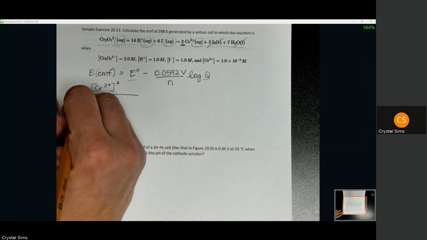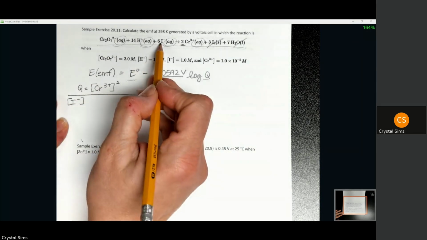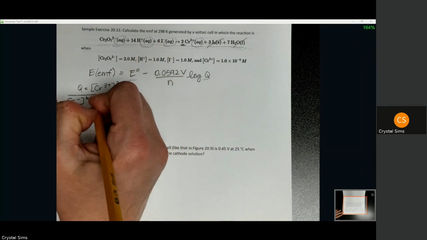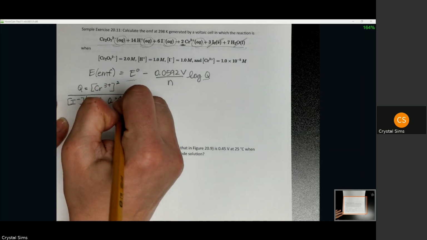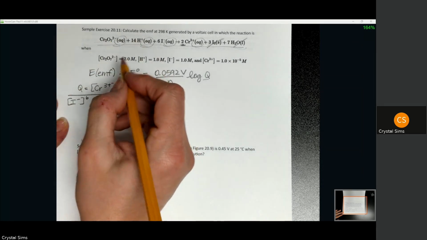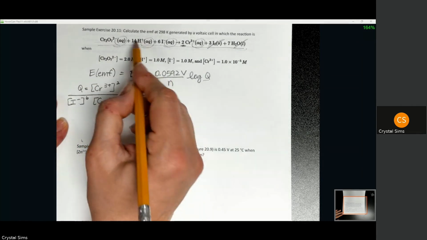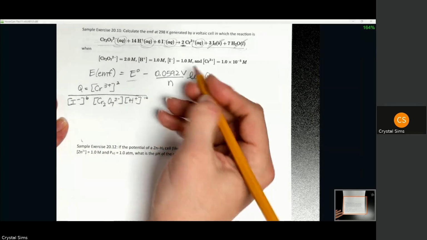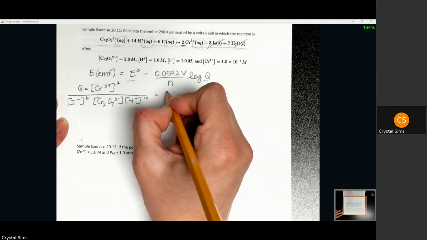And then I'm going to put my reactants in here. I see iodine has a 6 in front of it, so I raise it to the power of 6. I put in my chromate. There is no coefficient here, so I understand that to be 1. And then my hydrogen I see is 14. So then I'm going to plug in my values for that.